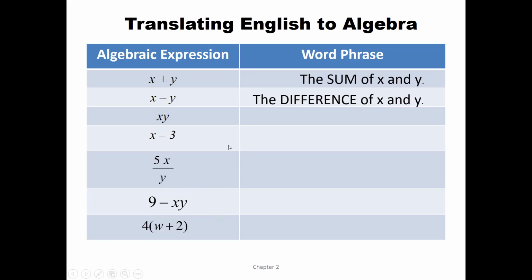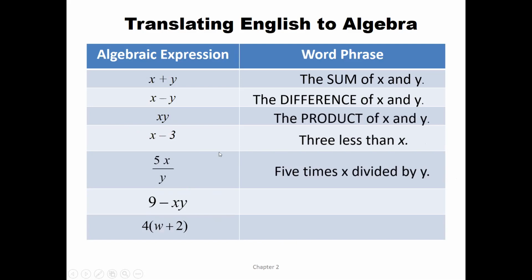In general, we're going to say difference of x and y means x minus y. Okay? The product of x and y is when we multiply. And here we have 3 less than x, or x minus 3, or the difference between x and 3.